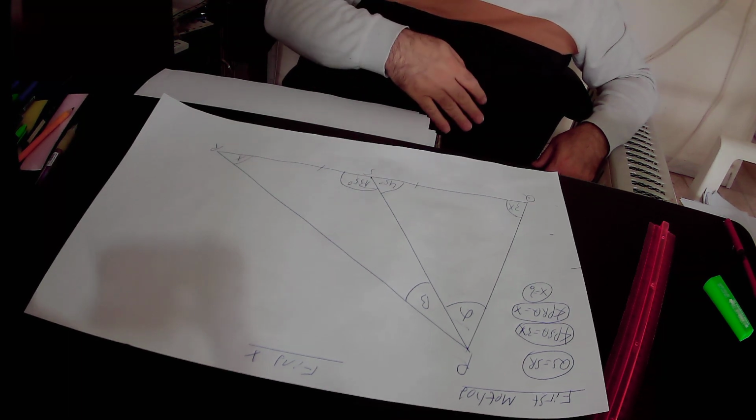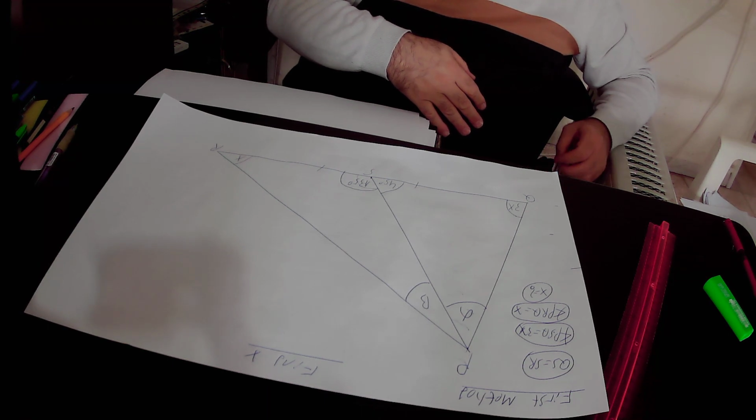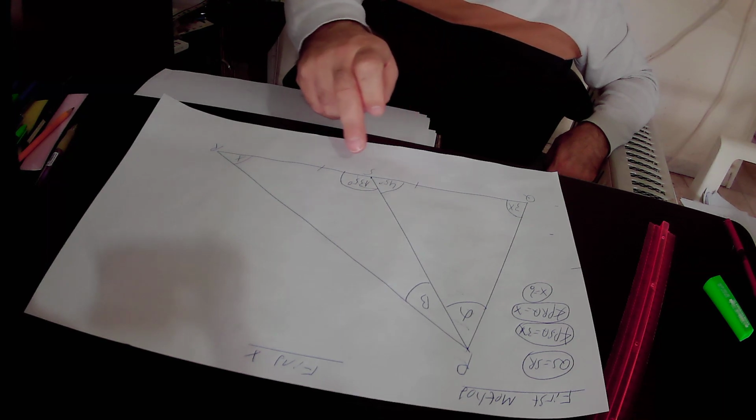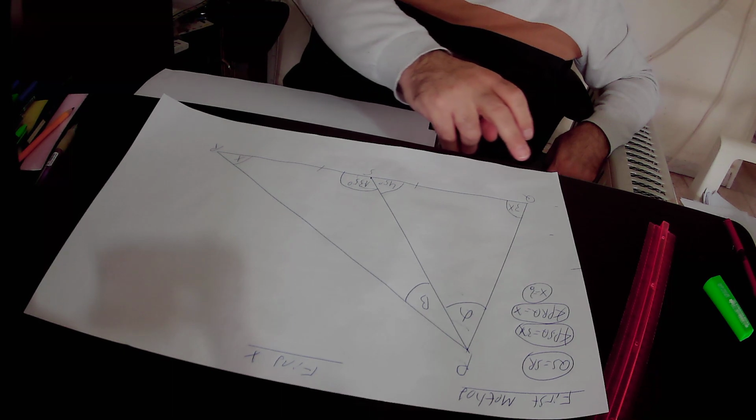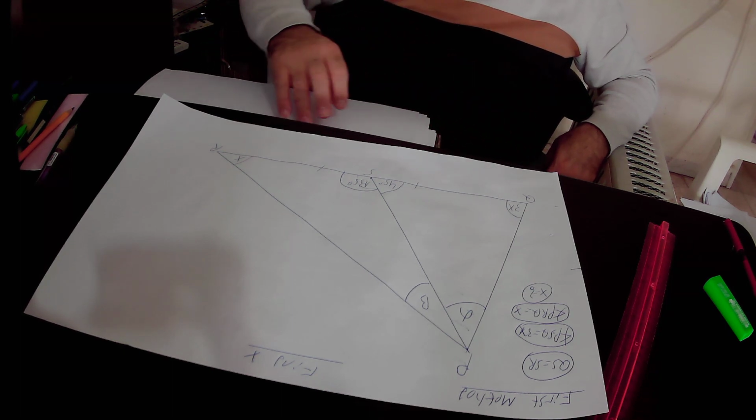We know that the sum of the angles on one side of the straight line is equal to 180 degrees, that is to say 45 degrees plus y must be equal to 180 degrees because QR is a straight line.